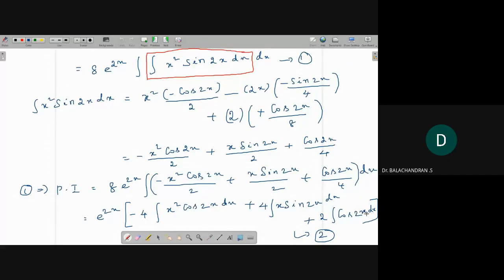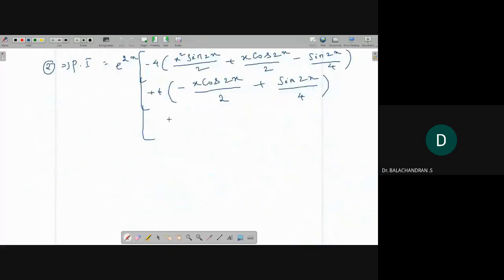So if you integrate cos 2x, you'll get sine 2x by 2. So plus 2 into sine 2x by 4.